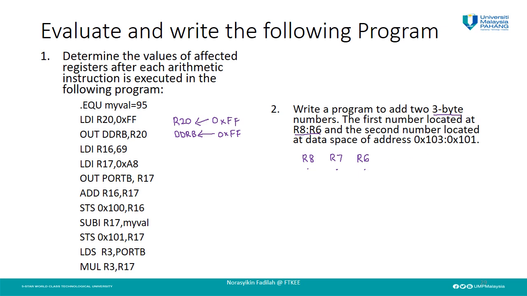And then the second number is located at data space of address 103, 102 and 101. The most significant byte is at 103, the next byte is at 102, and the least significant byte is at 101. So basically you have these two 3-byte numbers and you want to add them together. So how do you need to write the program?